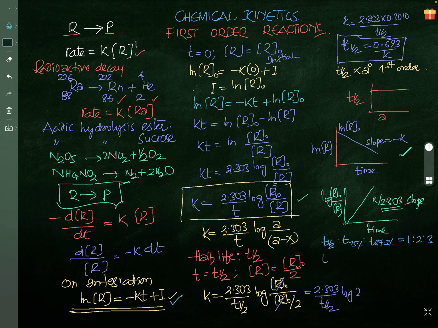And t 90%, 99%, 99.9%, if you take like this also, 1:2:3. And t 50% will be approximately one tenth of t 99.9%, that is t 99.9% is about t 50 into 10. If you remember these kinds of things, that will be a wonderful job, right?